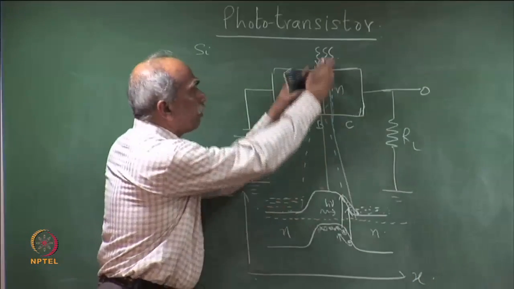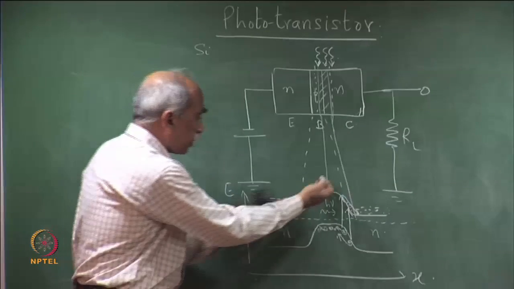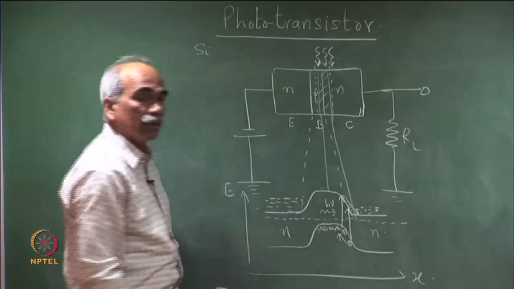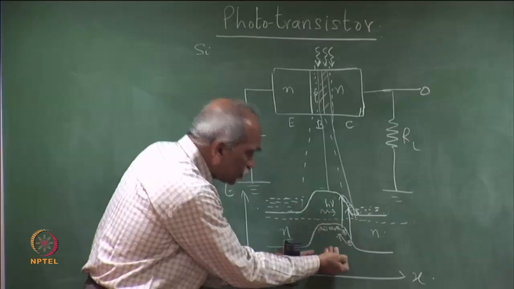More holes coming to the base region means this region becomes more positive, or the potential energy is lowered, which means this barrier is lowered.